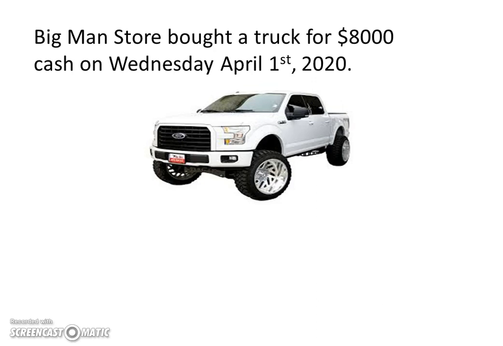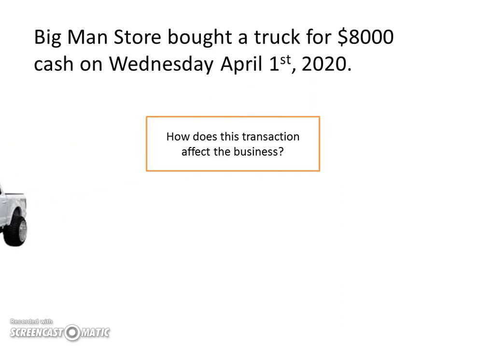Alright, let's look at a transaction and see if we can follow those rules and get it done correctly. A big man store bought a truck for $8,000 cash on Wednesday, April the 1st, 2020. So he has this nice truck. How does this transaction affect the business?